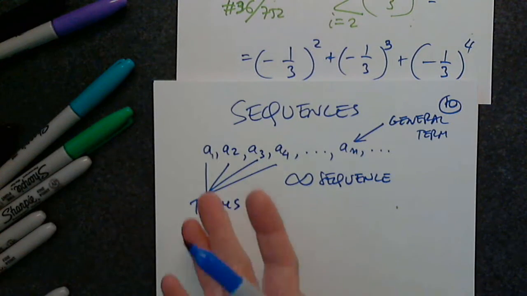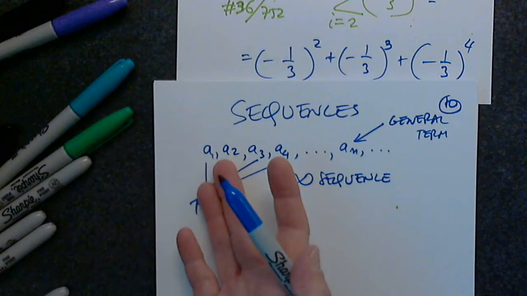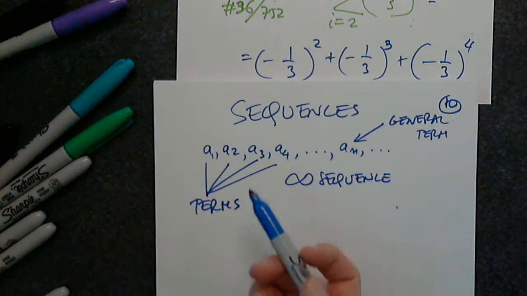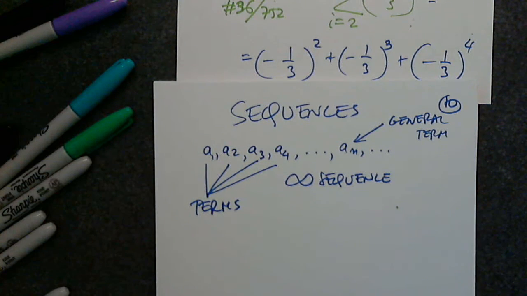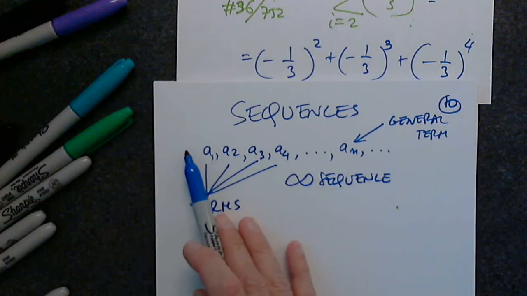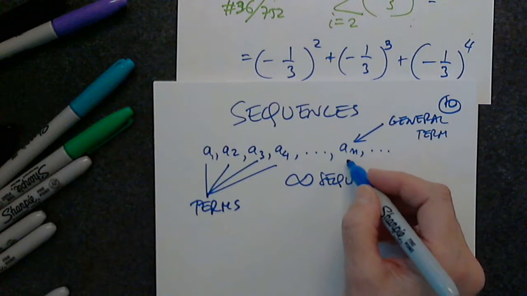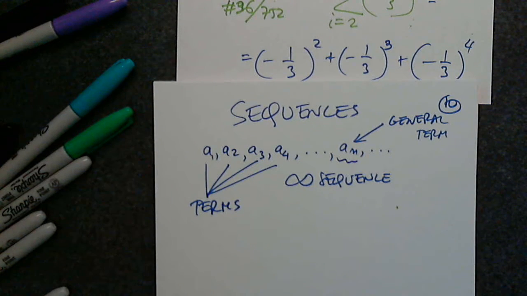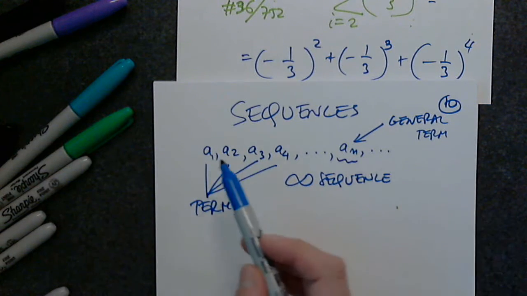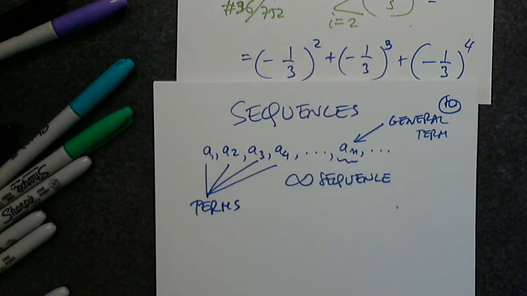For the first term, I have a1. For the second term, I have a2. Corresponding to the third term, I have a3. Now, we will be able to find sequences. We will be given sequences and we will be asked to find the general term. Another possibility is we will be given the general term to find some of the terms.